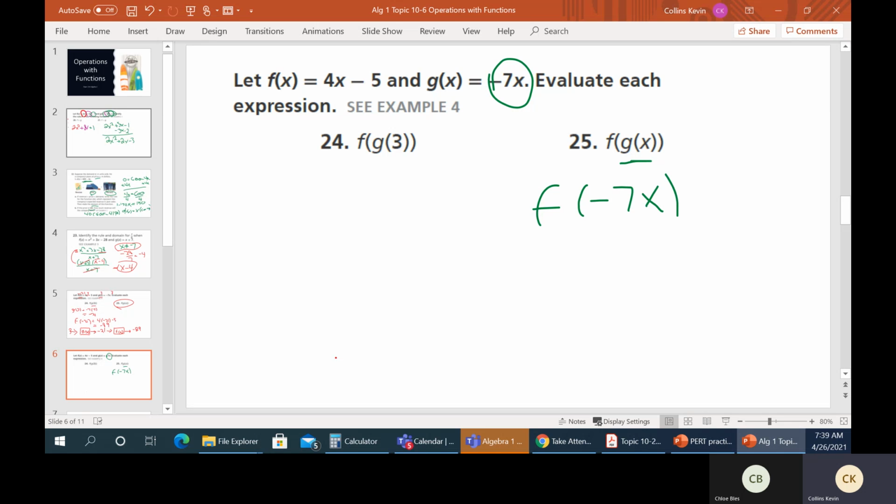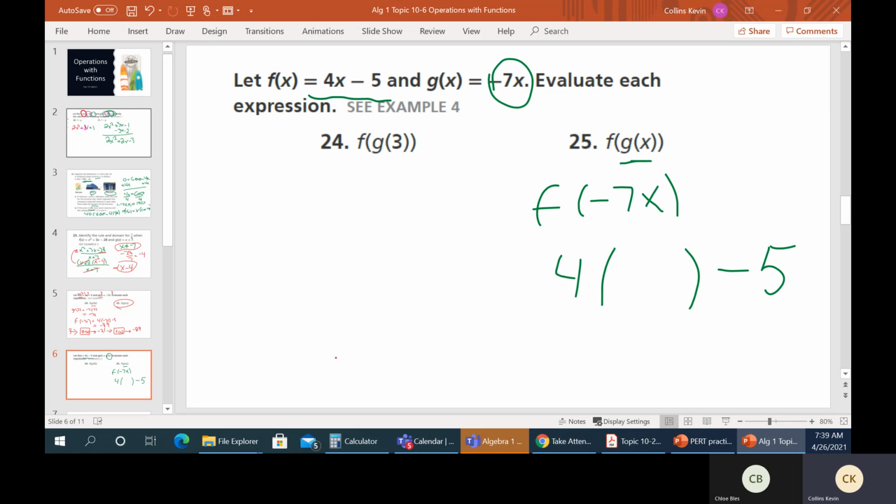All right, so what does that mean? Well, here's our f function, right? That's this one. So you remember before when it was just a number, we'd plug the number in, right? Well, we've got a little more than a number this time. We've got minus 7x, but that's okay. So the original is 4x minus 5.